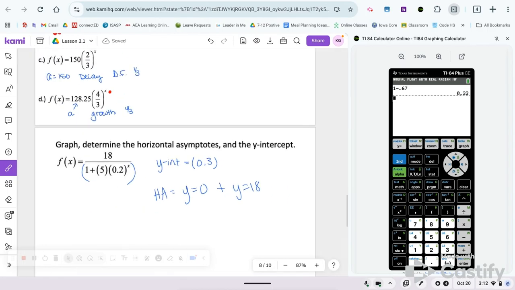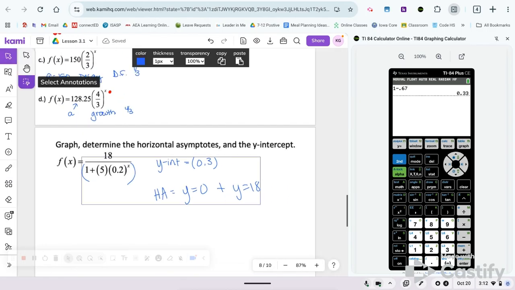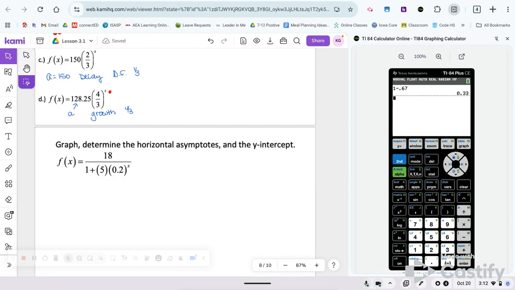This one says, graph it on the calculator, determine the horizontal asymptotes and the y-intercept. So we'll have 18 divided by 1 plus 5 times 0.2 to the x power.